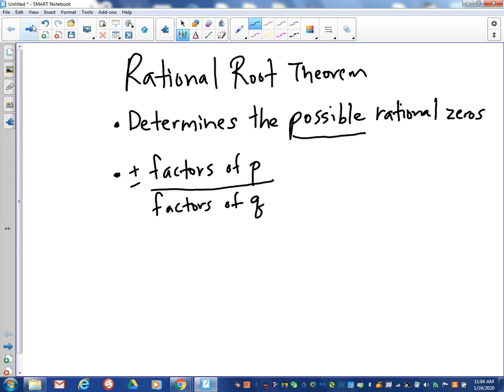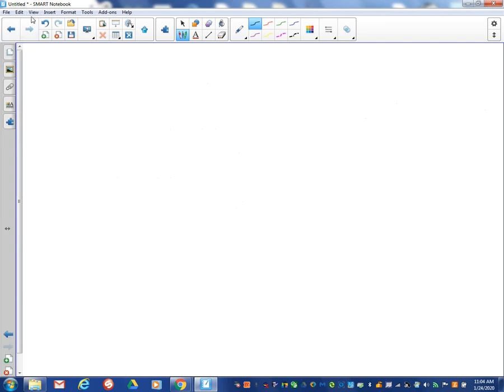Okay, so now let's get an example so I can show you. On your note page, you'll see number 1 that says 5x to the third power plus 9x squared plus 3x minus 1. It wants me to determine the possible rational zeros and list them.